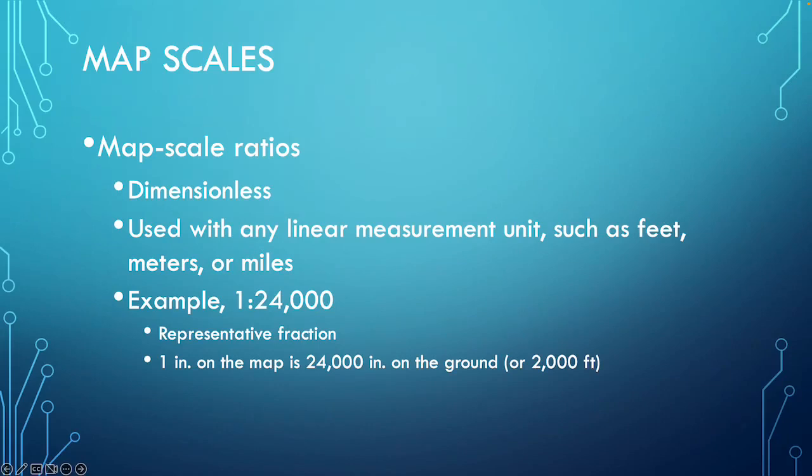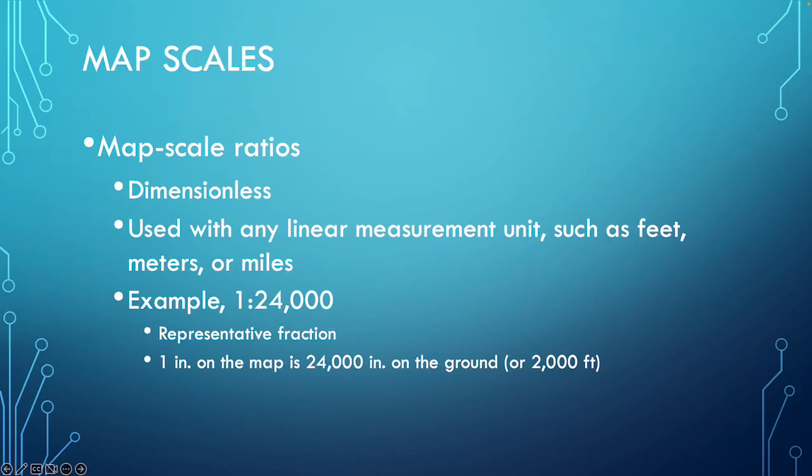It's a very common map scale. That's what the U.S. Geological Survey publishes most topographic maps at, 1 to 24,000, which means that anything on the map, one of them, it could be an inch, it could be a foot, it could be your foot or your hand. It doesn't matter, because there are no units.